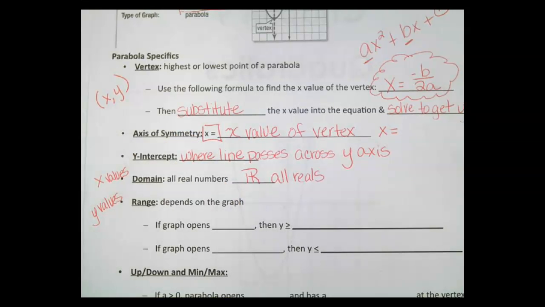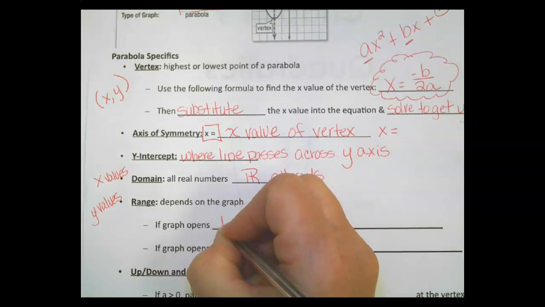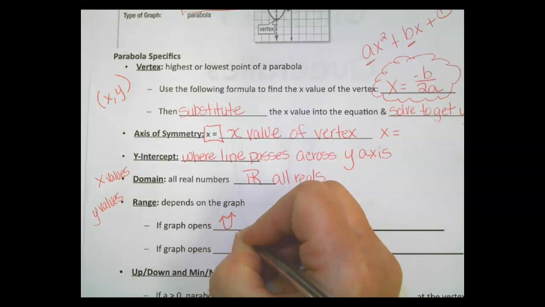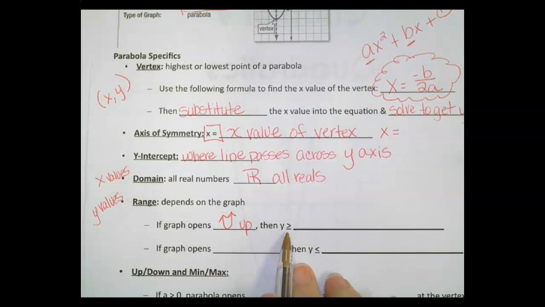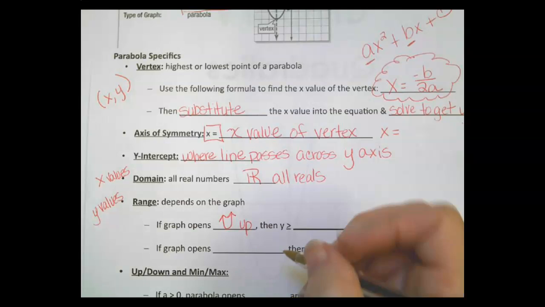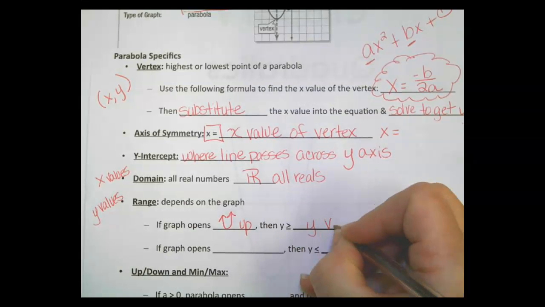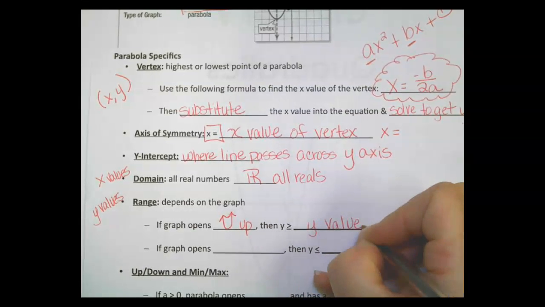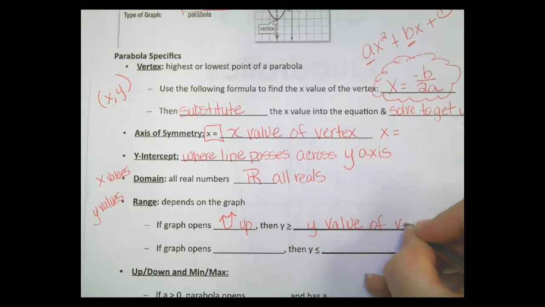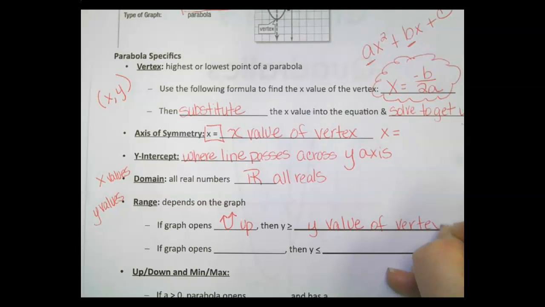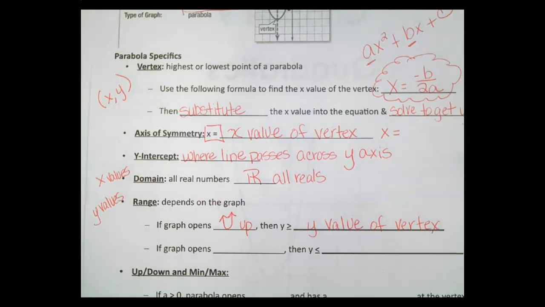The range is your y values, as we know. But it depends on the graph. If your graph opens up, then y is greater than or equal to your y value of the vertex. Okay.